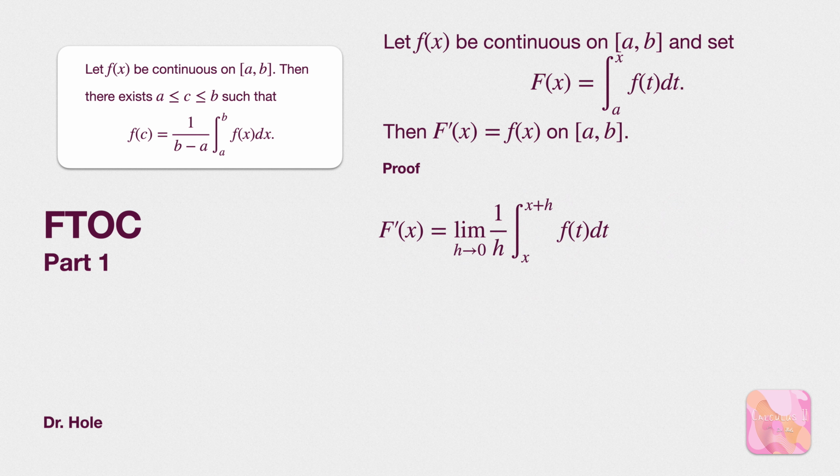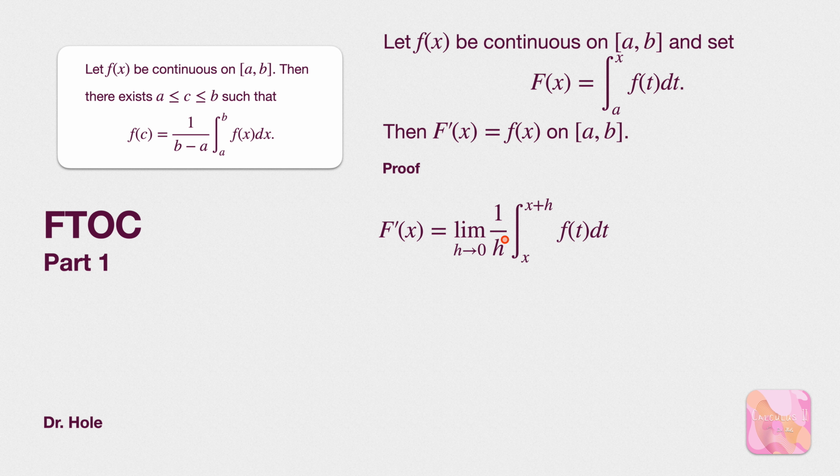Then let's think back to the mean value theorem for integrals, since the mean value theorem for integrals says that the average value is produced by the function. So what is the average value? It's a definite integral multiplied by 1 over the length of the interval. Looking at this definite integral, we have x up to x plus h as the bounds of integration.